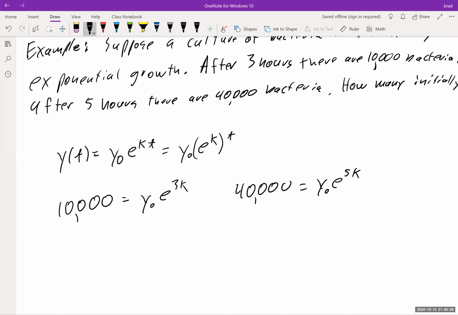All right, so what we can do is divide both equations. So we're going to do 40,000 divided by 10,000, and we're going to take y naught e to the 5k and divide that by y naught e to the 3k.